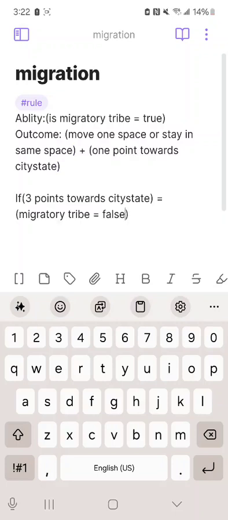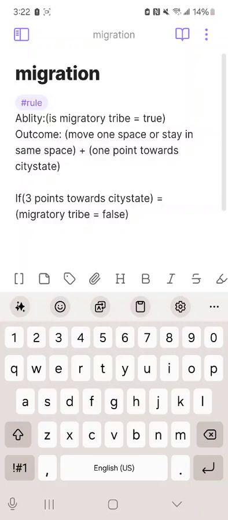So every turn you would get a point towards being a city-state, and then eventually you would turn into a city-state and stop being a migration tribe. Alright, so that's rule number 1 so far.